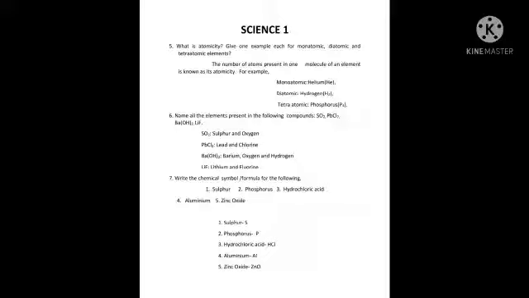The number of atoms that are present in one molecule of an element is known as atomicity. Say all of you. The number of atoms present in one molecule of an element is known as its atomicity.